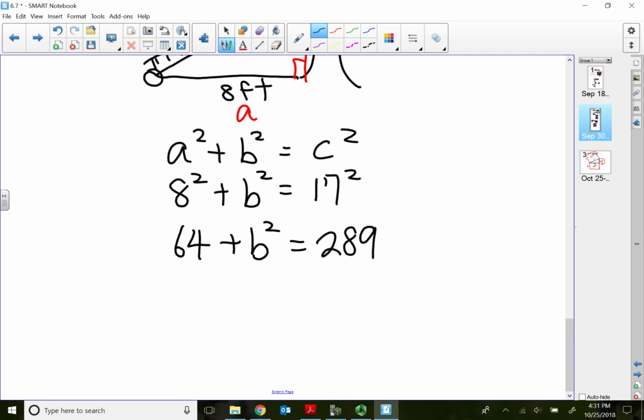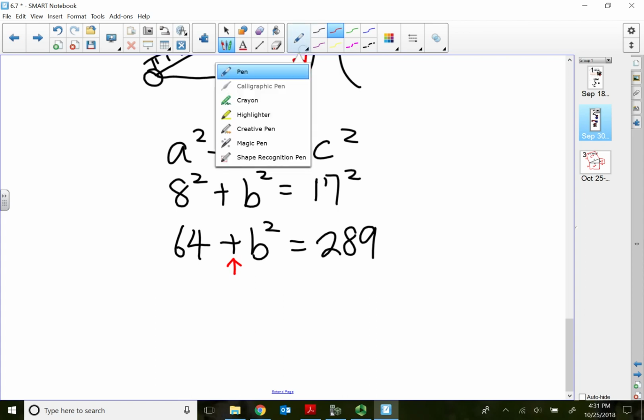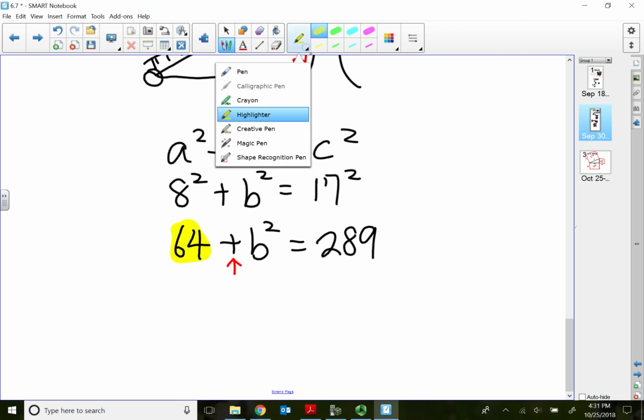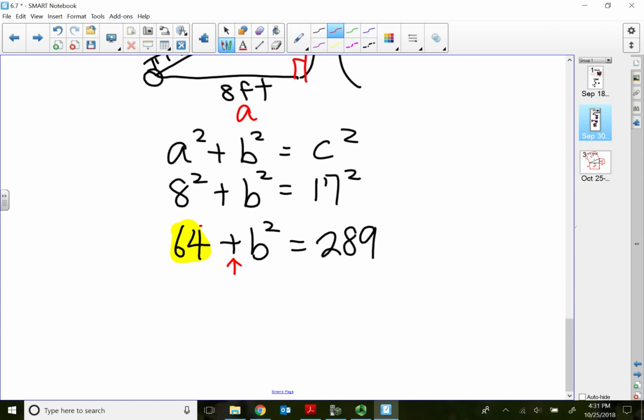I mentioned the word term before. Here is an addition sign outside the parentheses, so that separates two terms. In Math 108, I will introduce this better, how to solve linear equations. I want B squared by itself, so this positive 64 needs to be moved to the other side, which becomes subtracting 64 on both sides.